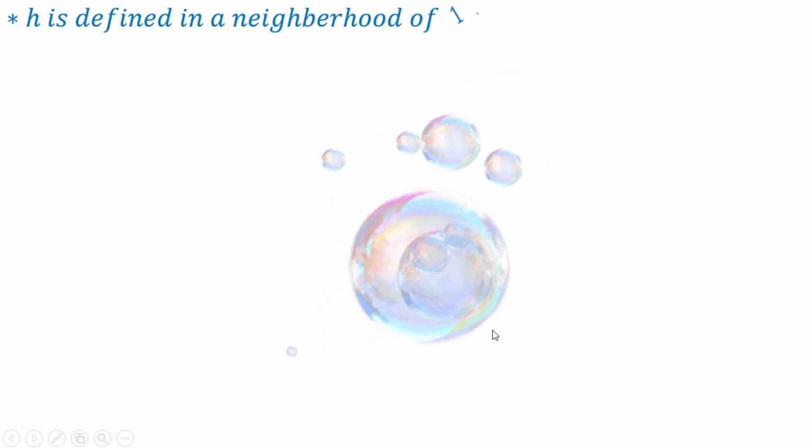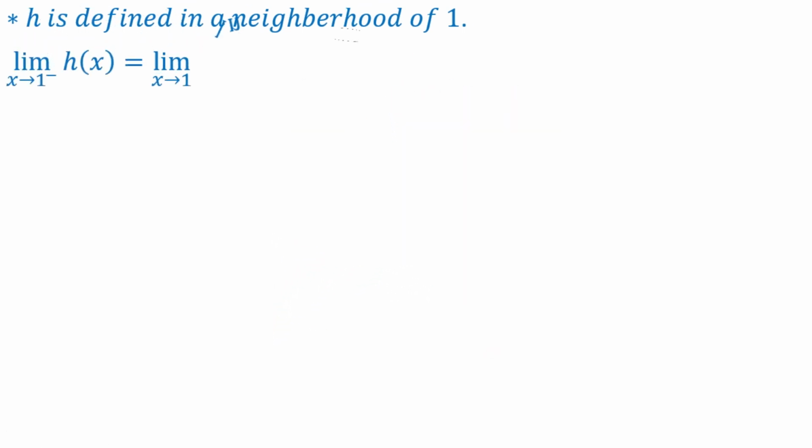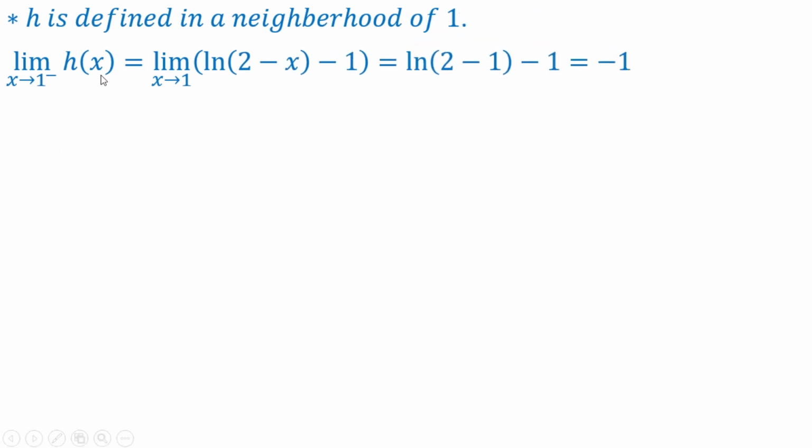Limit of h of x as x goes to 1 from the left: if x is less than 1, h of x is ln(2 minus x) minus 1. Substitute x by 1: ln(2 minus 1) is ln 1, which is 0, so this is minus 1.